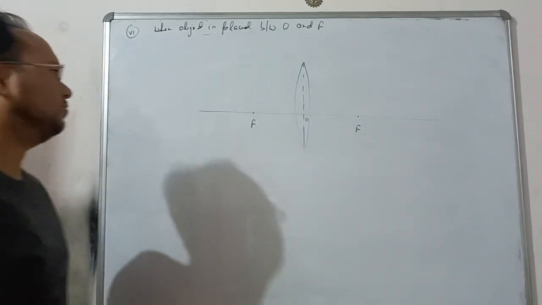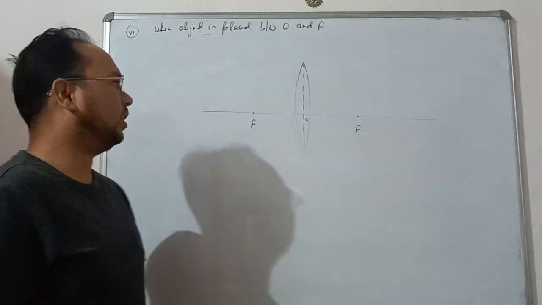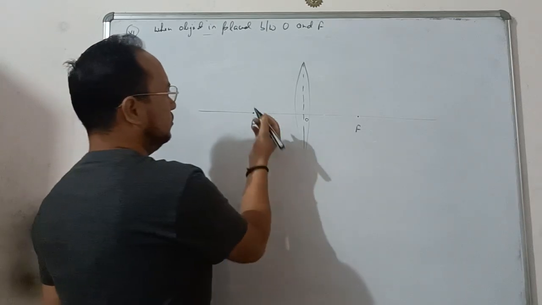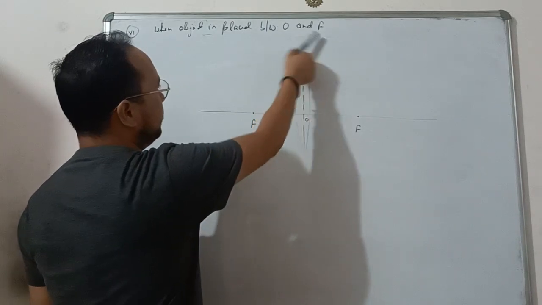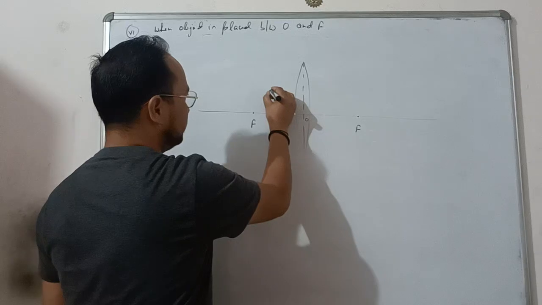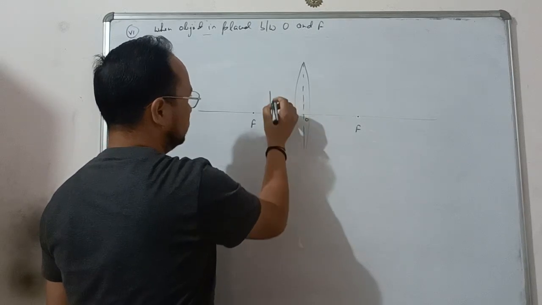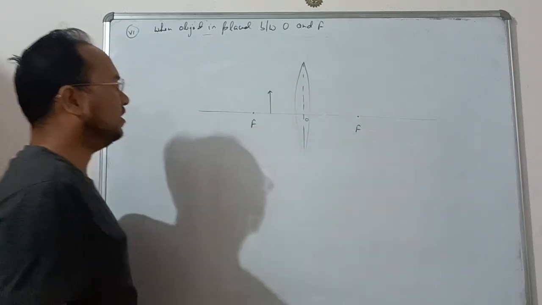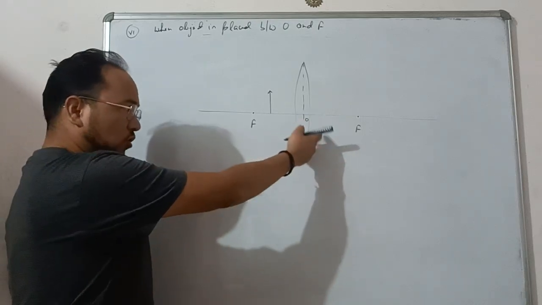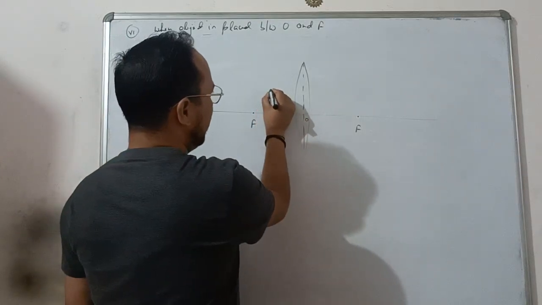Here we don't need to indicate 2f, but it is good if you indicate it. So this is the object, placed exactly between O and F.